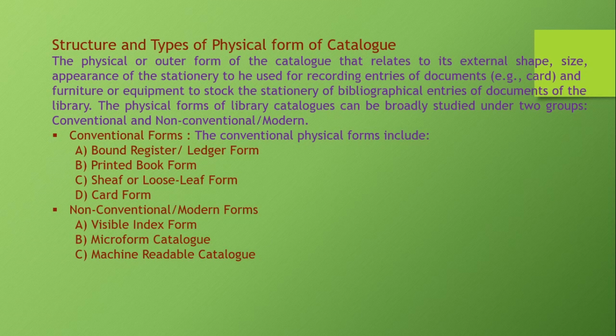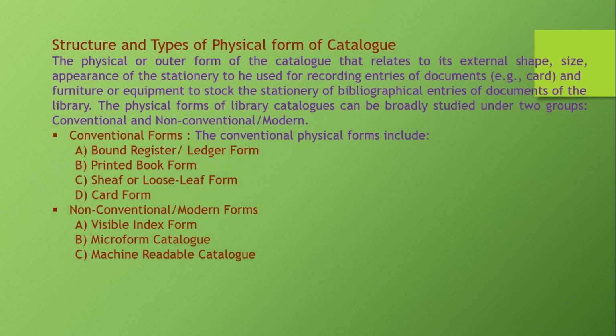Next, non-conventional or modern forms. Visible index form. Visible index catalog consists of strips mounted on a frame or a card held flat, hinged, with the edge of each card protruding so as to make the heading visible.